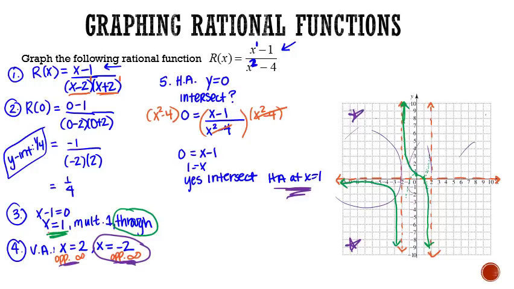Looking over on the right-hand piece, again I'm going to either be in that quadrant or down here. So this is where the opposite infinities comes into play again. At x equals 2, I have opposite infinities. Since on the left-hand side I'm going down, this forces me to be going up on the right-hand side, so that they're going in opposite directions. So there's your sketch of the graph.